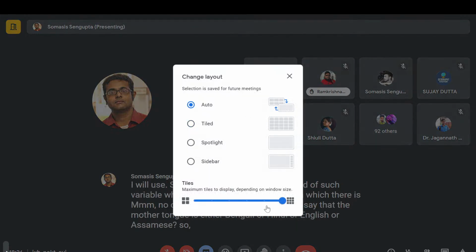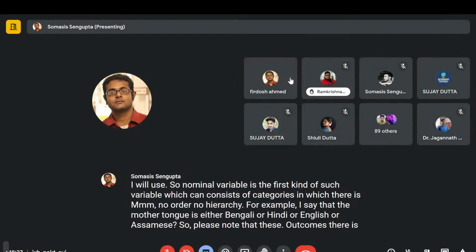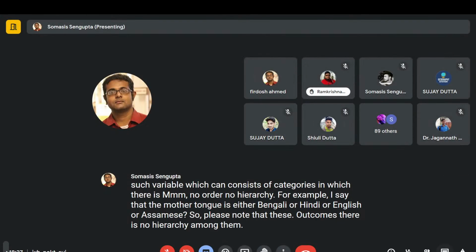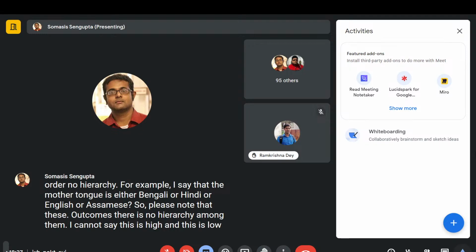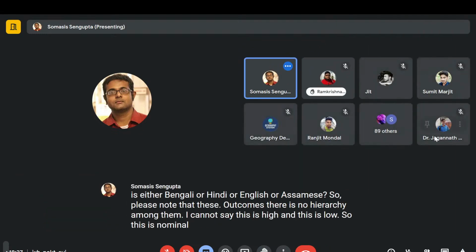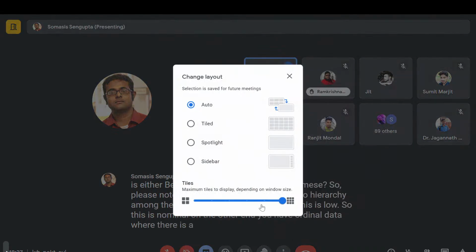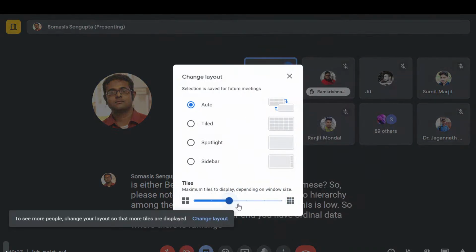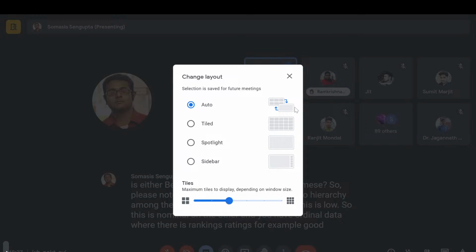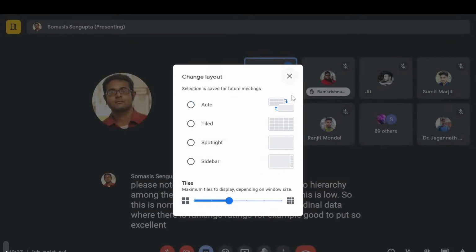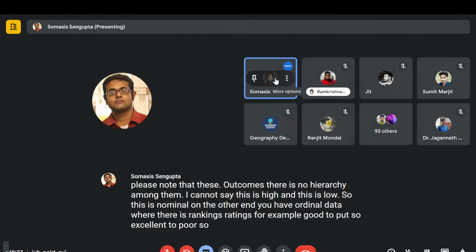Please note that among these outcomes there is no hierarchy. I cannot say this is high and this is low. So this is nominal. On the other hand, you have ordinal data, where there are rankings, ratings, for example, excellent to poor. So these are ordinal data.